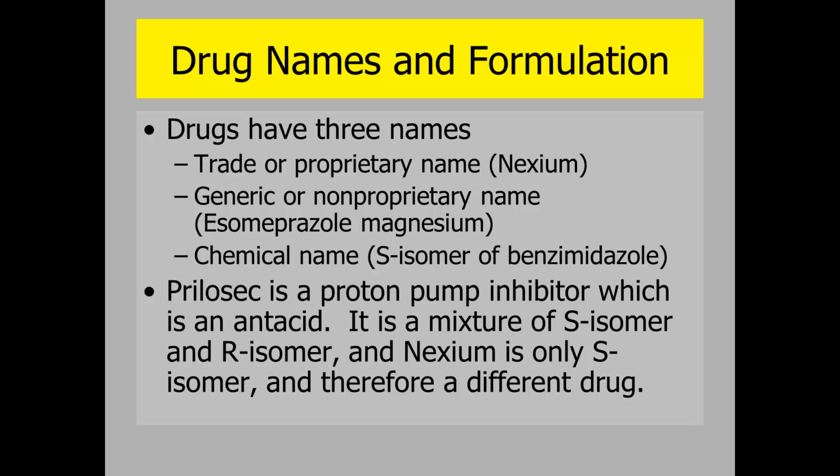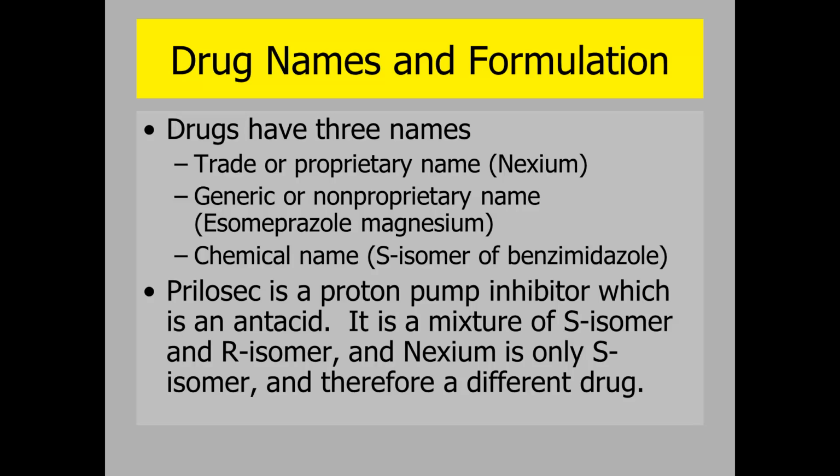So when you're talking about a drug, drugs can be very confusing because they have a variety of different names. So the first name is the trade or proprietary name. For example, Nexium is the trade name for a drug that is a proton pump inhibitor. Then there's a generic or non-proprietary name.